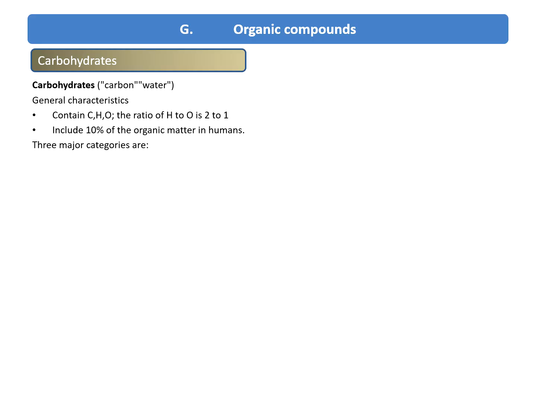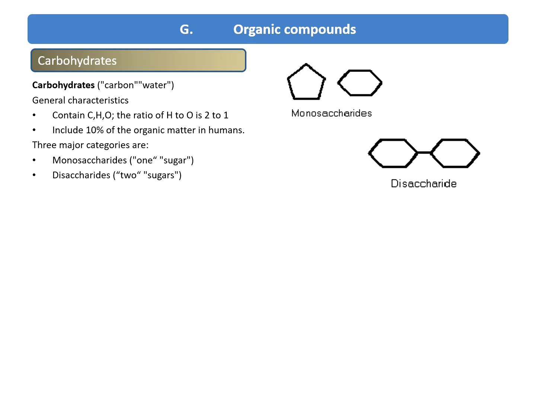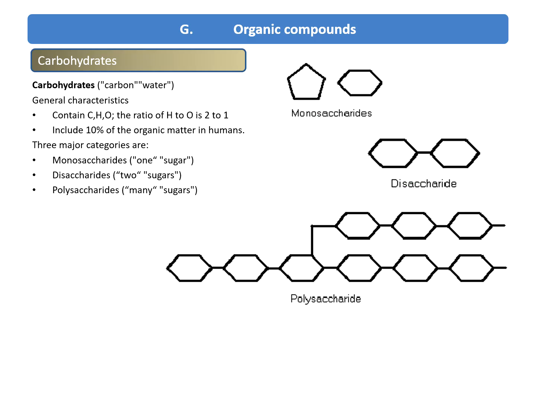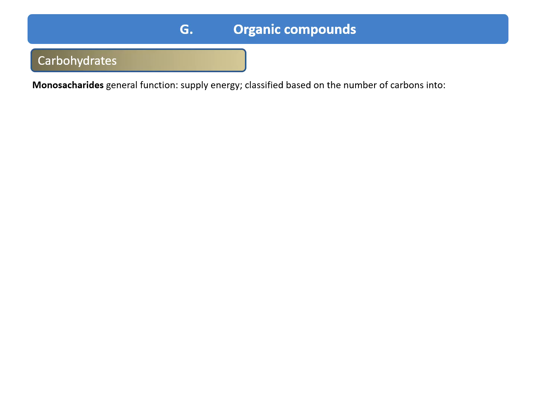3 major categories are monosaccharides, literally 1 sugar unit, disaccharides, 2 sugars, and polysaccharides, many sugars. Monosaccharides have as their general function to supply energy.